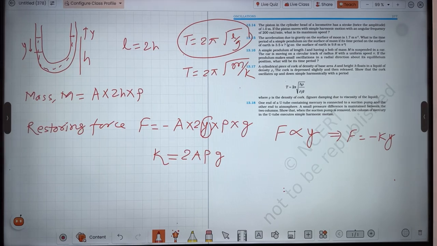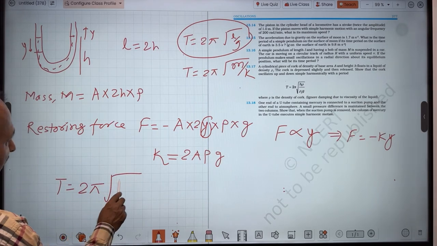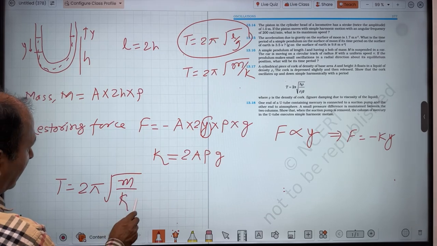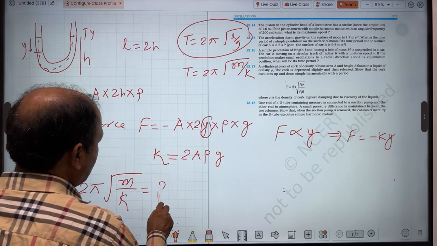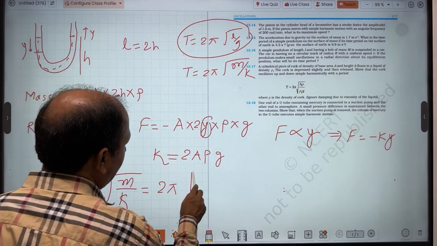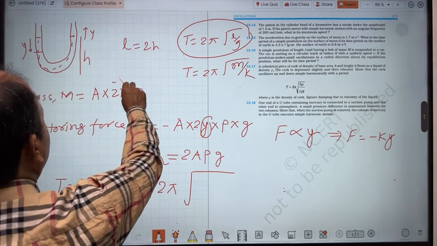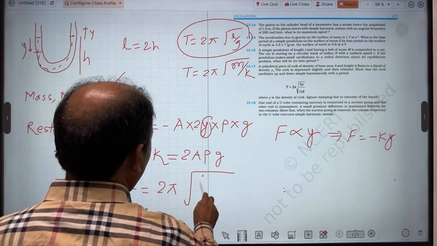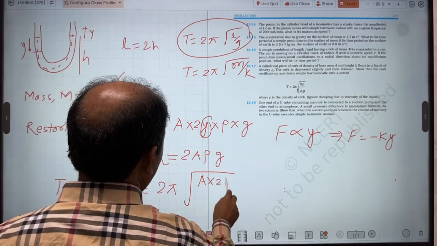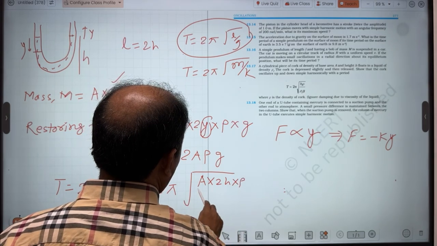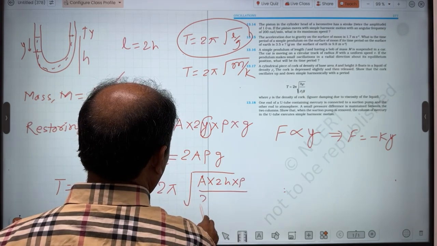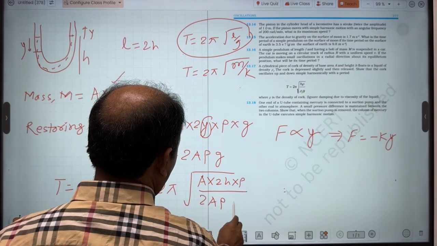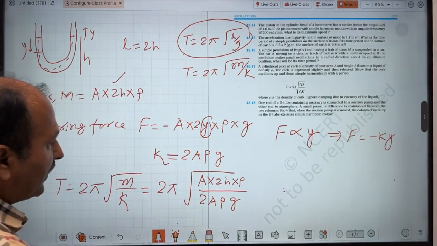Now what is left? A very simple thing. Here we find the expression for the time period T equals 2 pi root m upon k. So we put the values: 2 pi root of m, where m is this value, A into 2h into rho, divided by 2A rho g.